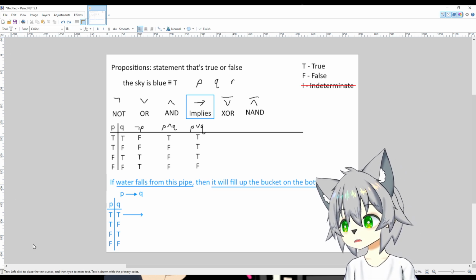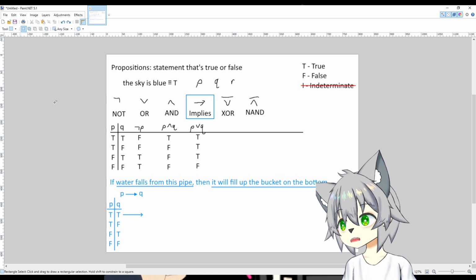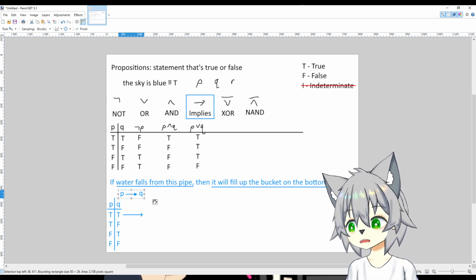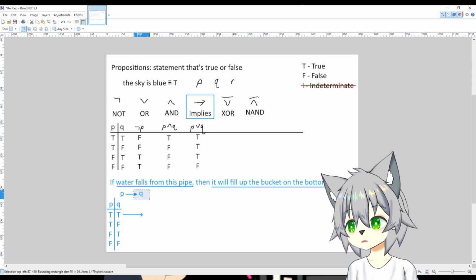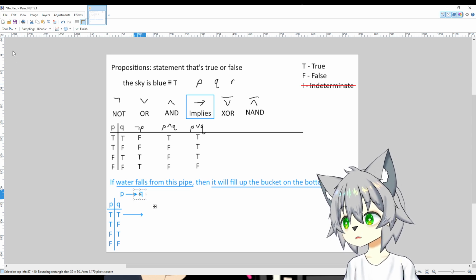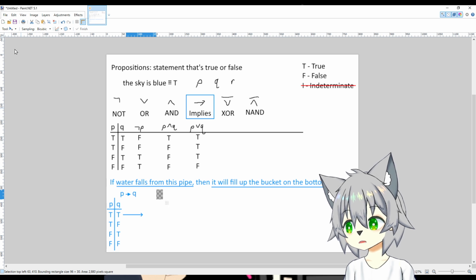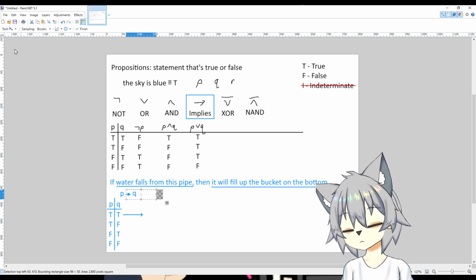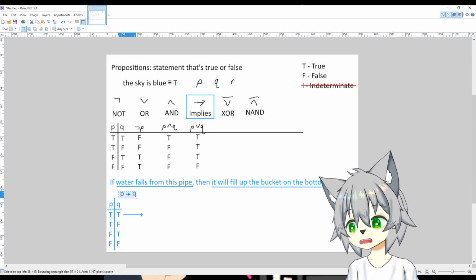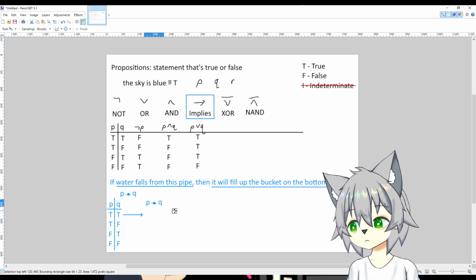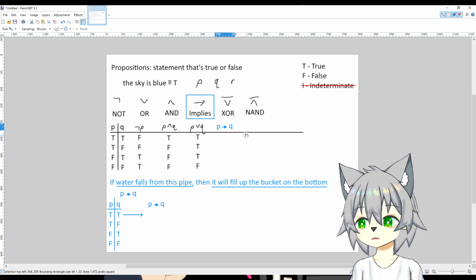Then basically this entire statement here where P implies Q, let's actually go ahead and move that to the truth table up above and also below. Why don't we also just keep it down here anyway, but I'm going to also put this onto this little thing here.